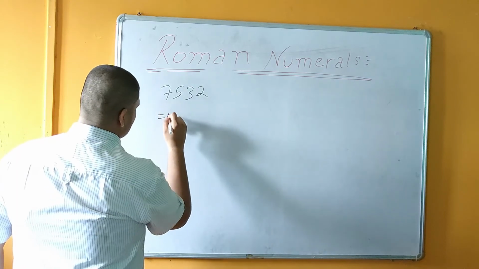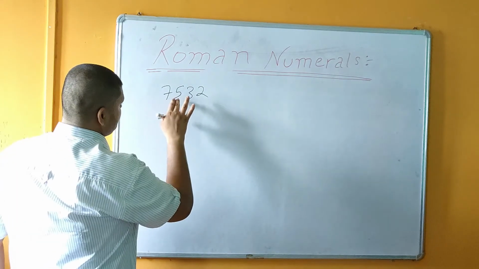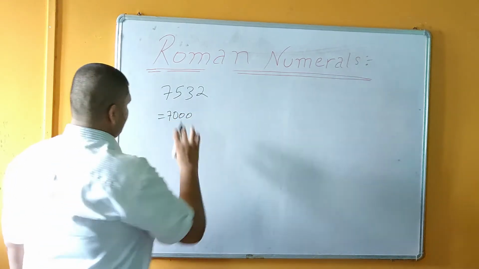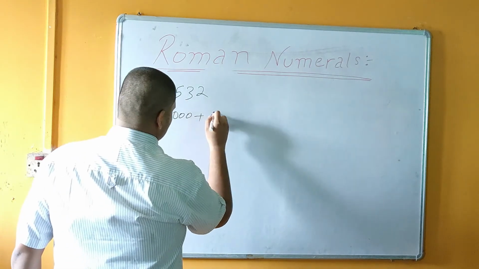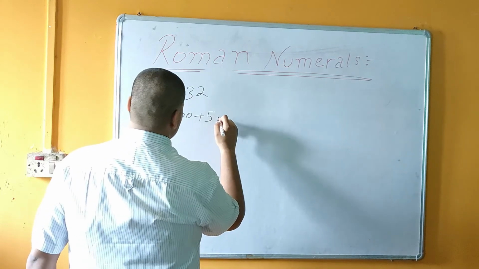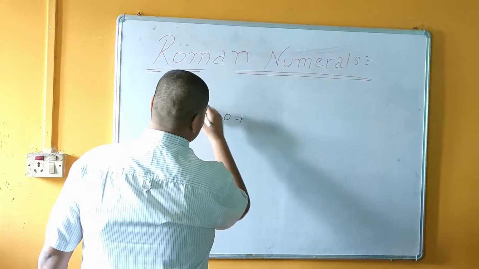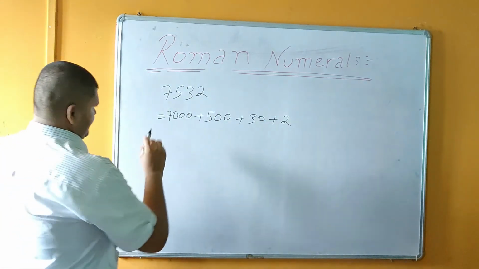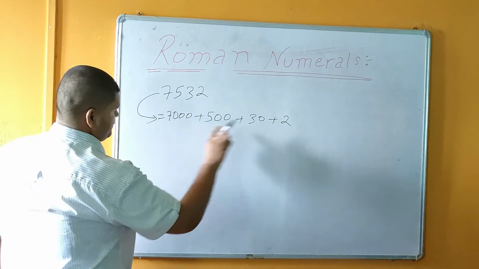You have to take 7, after 7 you have to see how many digits, 3 digits, so 3 zeros. After 5, 2 digits, so 2 zeros. After 3, 1 zero. After 2, simply 2. You have to split this number in this fashion.